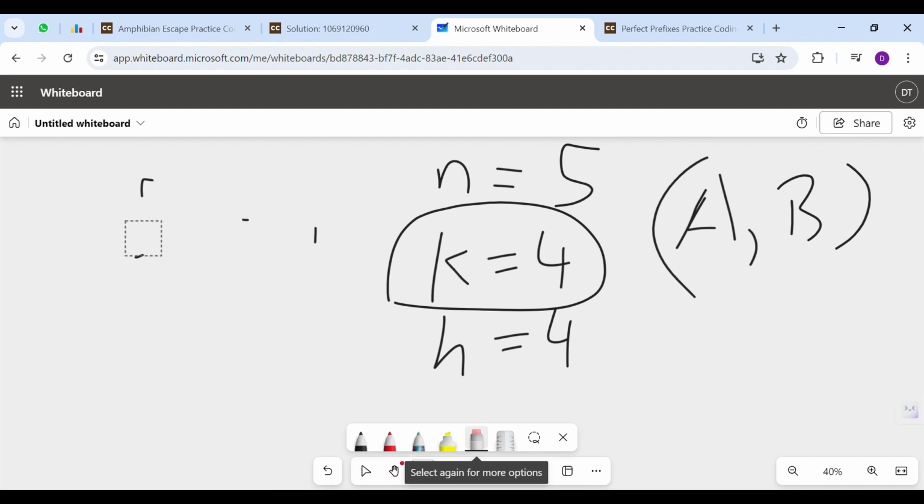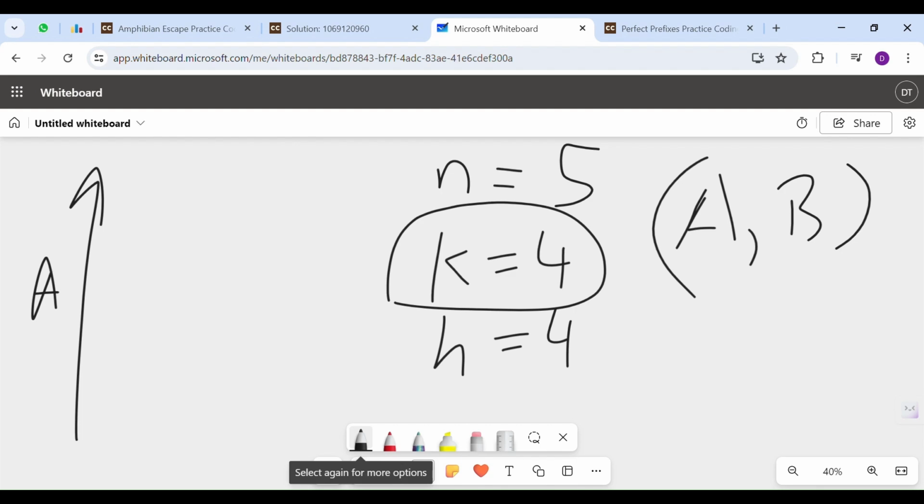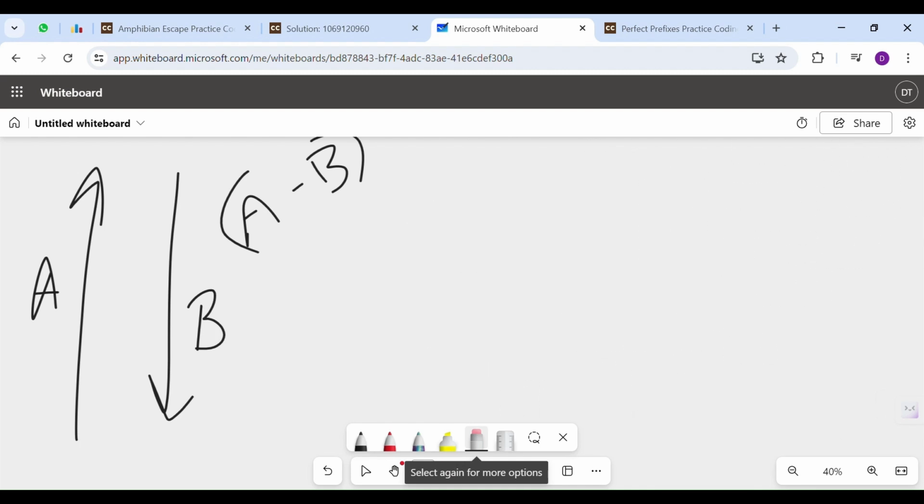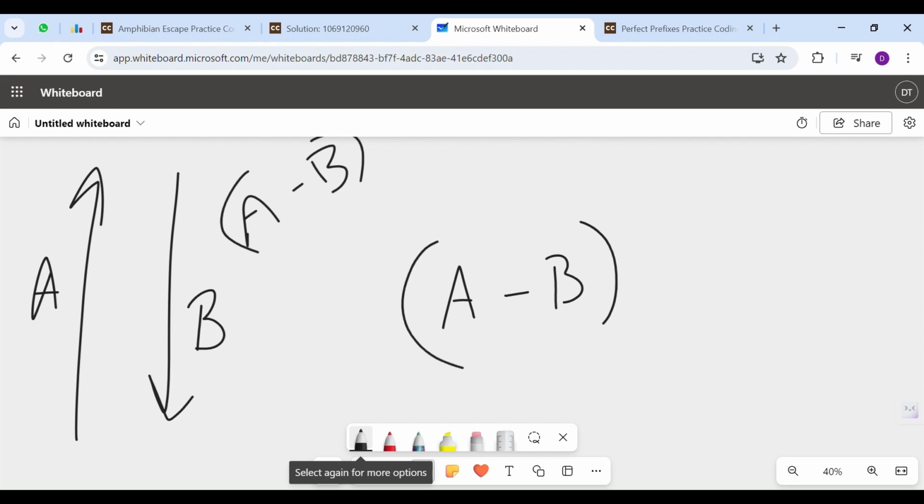Okay, so what is the formula for such kind of questions? If the frog jumps up by A units and then comes down by B units, then the net distance moved becomes A minus B. Since we need the frog to get out by at most the Kth move, it would be K minus 1 operations of jumping up and coming down, and then just going up.